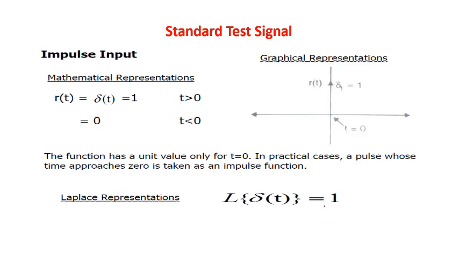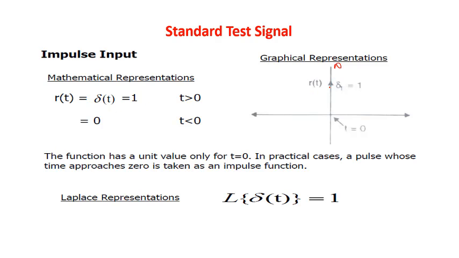Next, we have a sudden impact type, or a sudden load type, of test signal also to be given to a system. Here the magnitude at t equal to 0 will be tending towards infinity.